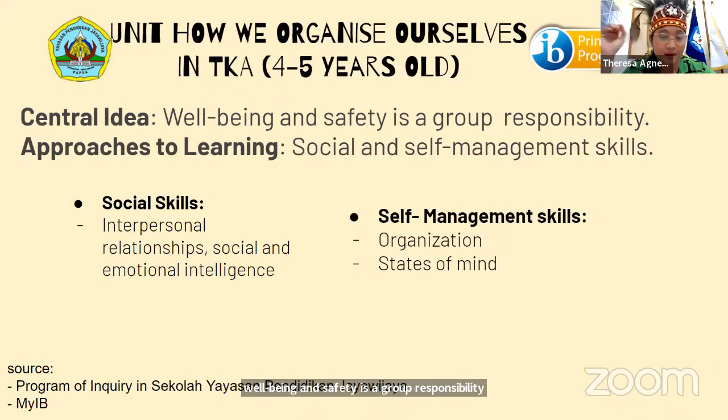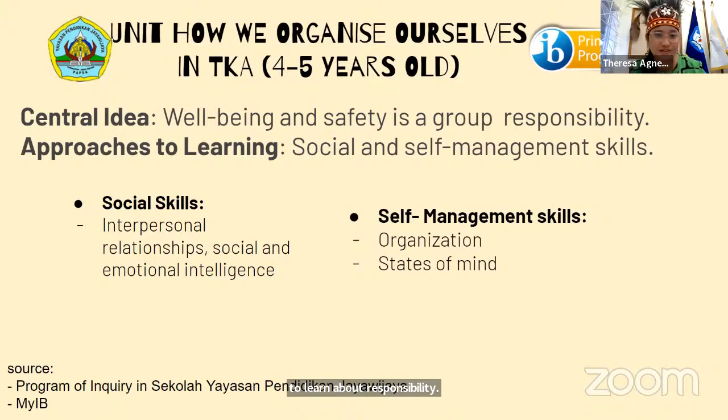It's because we think that after we know each other, we also need safety for their playing environment, because yes, the first educator is the parents, and the second is the teacher, but we also need the environment as the third teacher to help students to learn about safety, to learn about responsibility. So that's why we use this central idea.